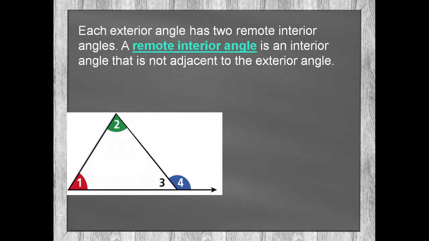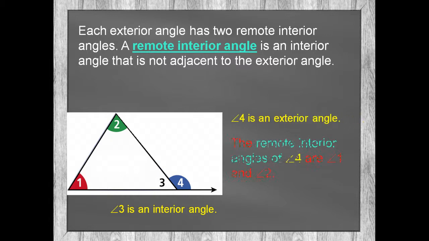The remote interior angles will be 1 and 2. Angle 3 is an interior angle. Angle 4 is exterior. The remote interior angles of angle 4 are 1 and 2. They are not next door neighbors.